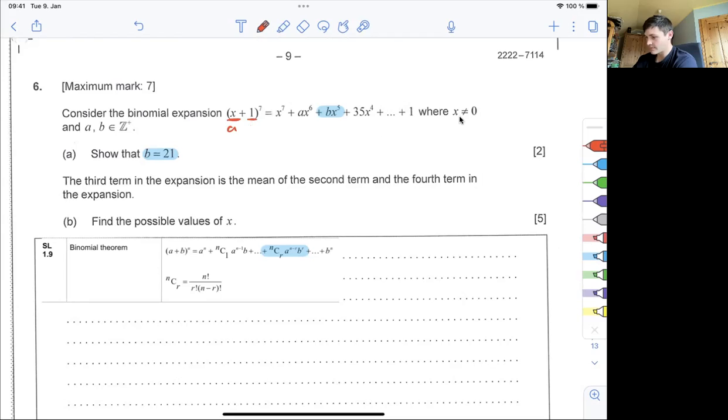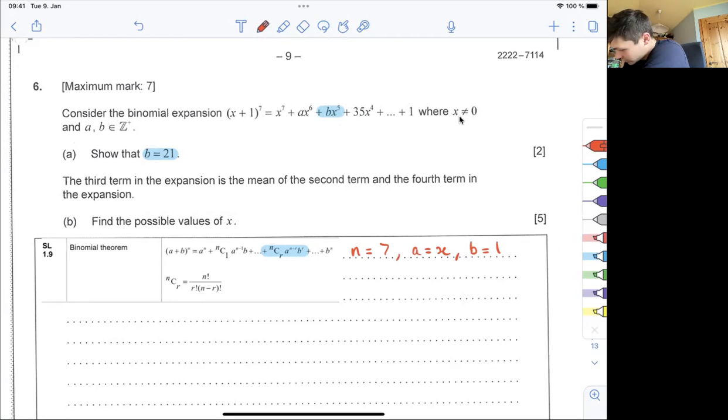If we apply that idea to bx^5, n is going to be equal to 7, a is equal to x, and b is equal to 1. We have to do a bit of thinking to find out what r is, but unfortunately it's not too tricky.